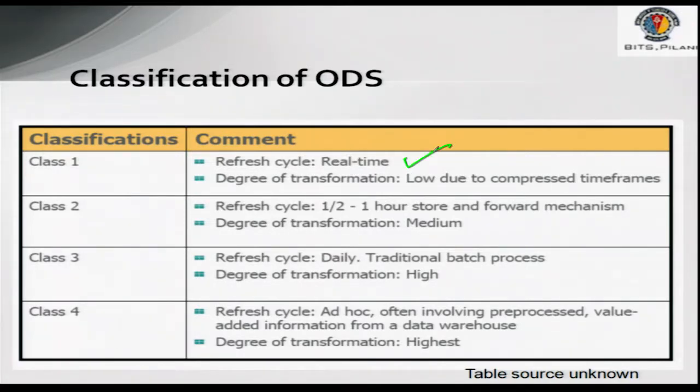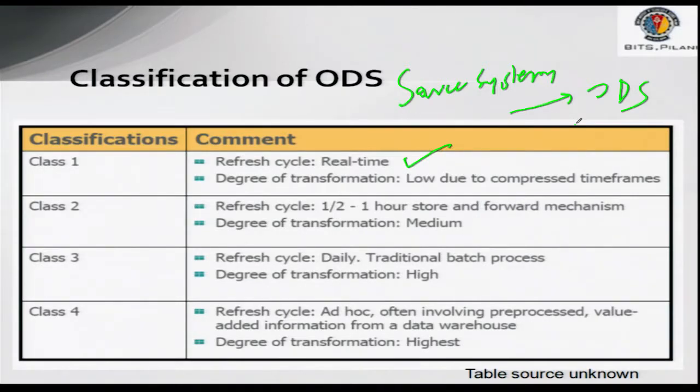That means from the source systems to the ODS, the refresh cycle is real time. As and when the data is generated in the source systems, it is fed into the ODS. And the amount of transformation that you do is very low, because it is done in real time, so you do not have enough time to do too many transformations.